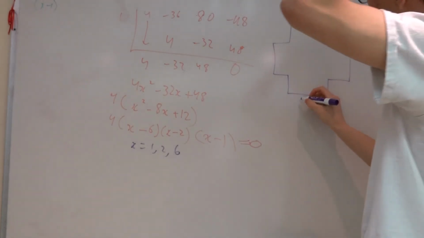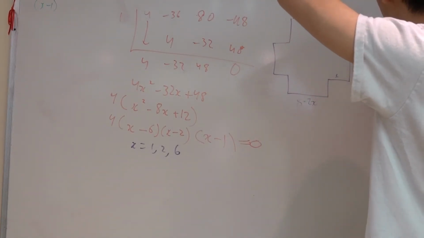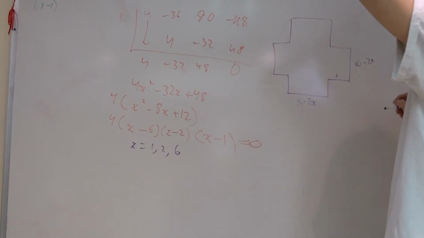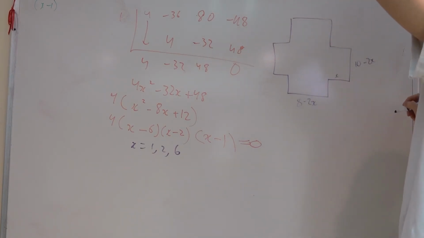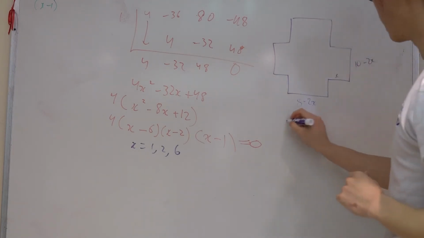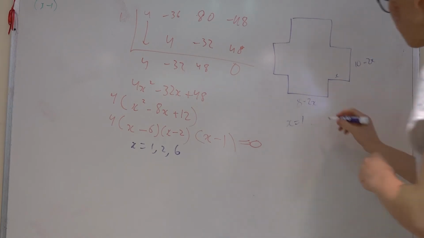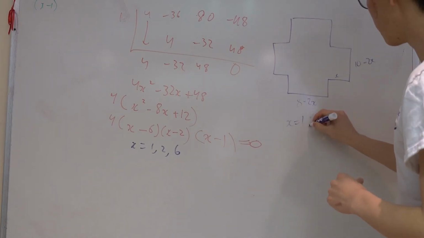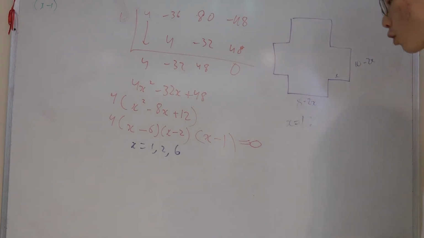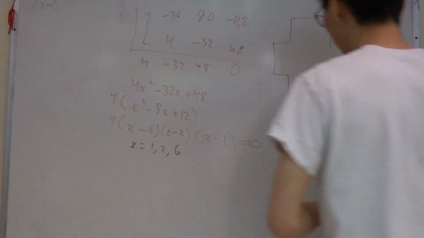This length is x, this is 8 minus 2x, this is 10 minus 2x. So if we try x equals 1, what are the dimensions of our box? The reason why I'm going through this is because something very strange is going to happen, and I want you to take very good note of this.